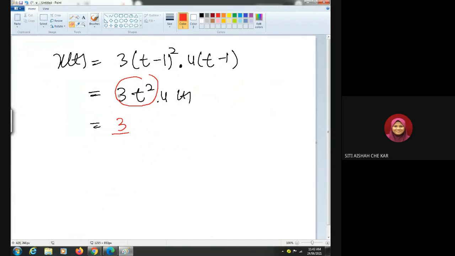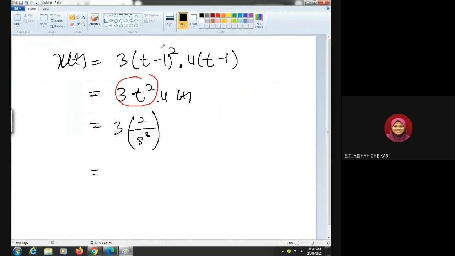S lebih cantik sikit. So Laplace you akan dapat 2 power of, okay ni kan. So dapat 6 lah. Tapi sebenarnya soalan you yang ni.